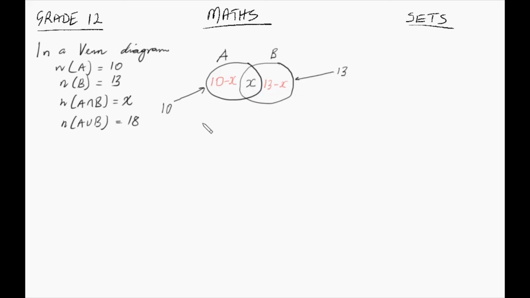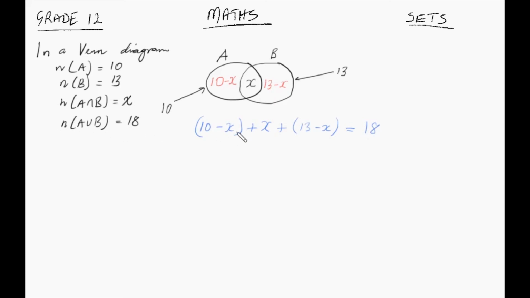So, in a nutshell, what we are saying is this: 10 minus x, plus this x, plus this 13 minus x, is equal to 18. This is what is implied here.